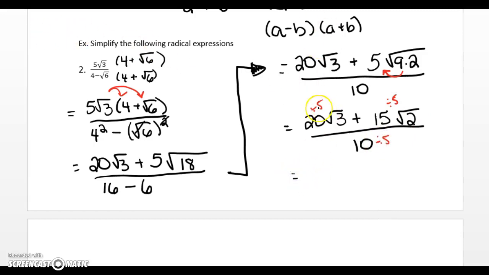What you'd be left with is 20 divided by 5 is 4. We didn't do anything to that square root, so we're going to rewrite that. And then plus 15 divided by 5 is 3. You're left with square root of 2. That's all divided by 5. 10 divided by 5 is just 2.